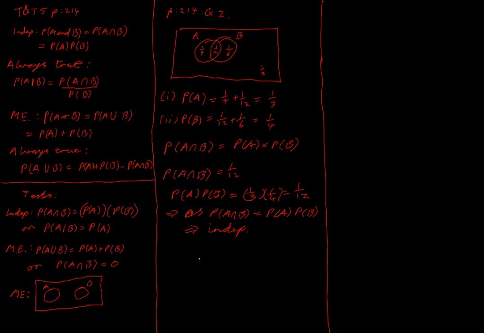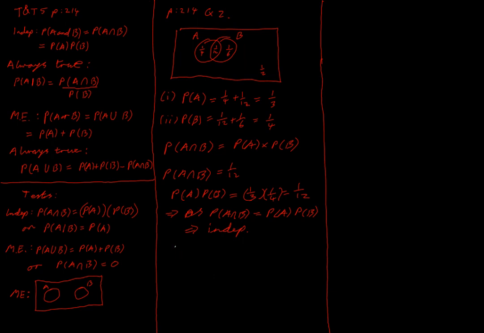Now, the next point is the other way of doing that. Because we need to know this formula by heart, I'm going to remind you of this formula, and we're going to use this method of checking for independence.